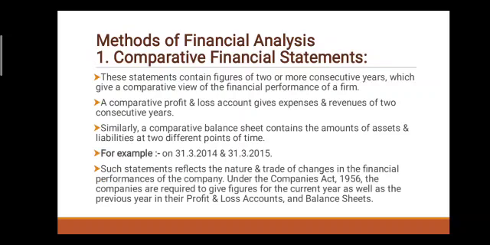Such statements reflect the nature and trend of changes in the financial performance of the company. Under the Companies Act 1956, the companies are required to give figures for the current year as well as the previous year in their profit and loss accounts and balance sheets.